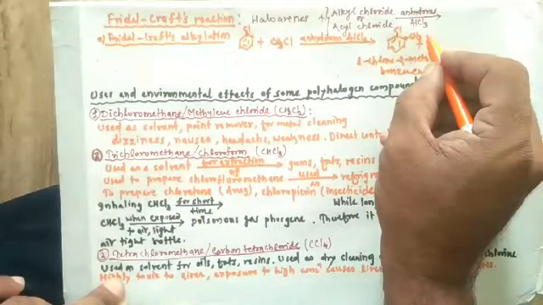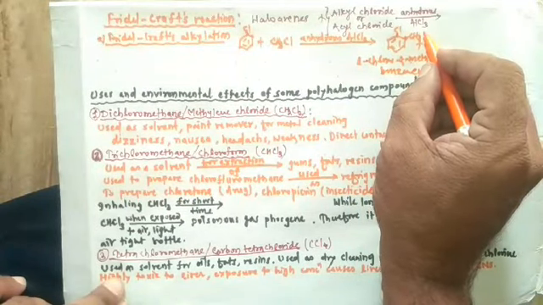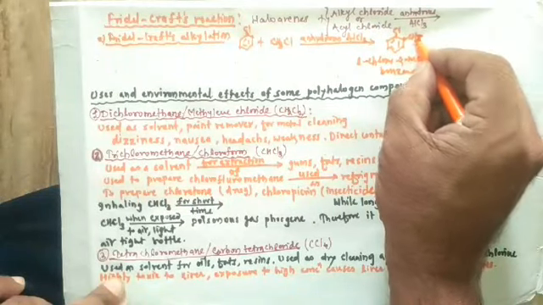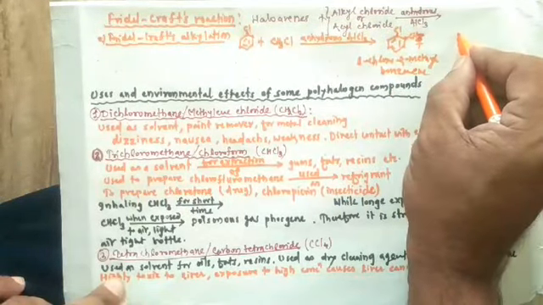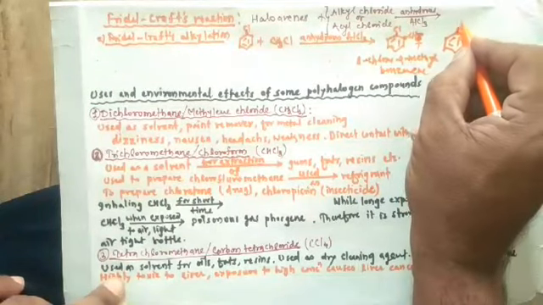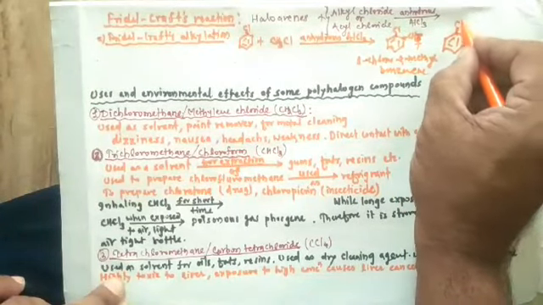So here we get a mixture of 1-chloro-2-methylbenzene and another product, this one.